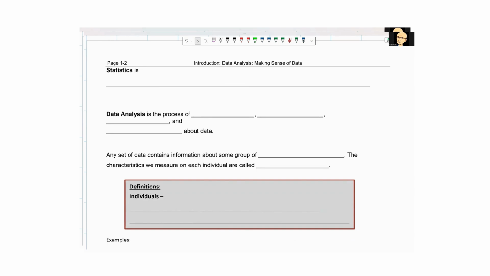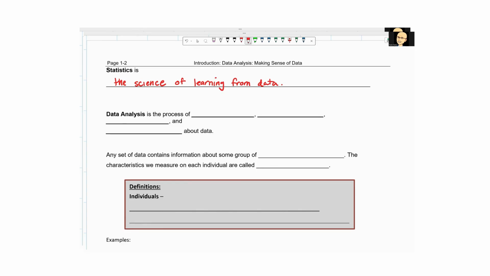From the standpoint of a discipline, we're going to say statistics is the science of learning from data. Now, this statement is really, really broad.